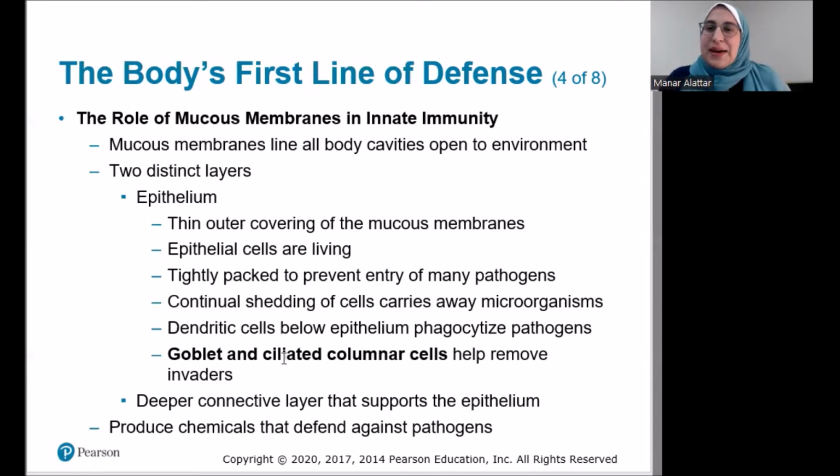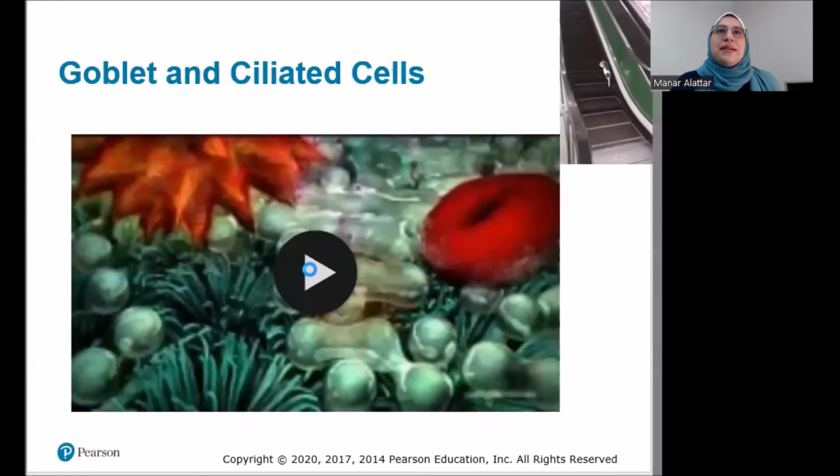That's their main source of nutrients, and they're part of the natural biome, and they're actually cultivated within mucus. And here we have these goblet cells that produce the mucus, and we also have ciliated columnar cells, specifically in the respiratory tract and the nasal cavity, that move that mucus out of the body, just like an escalator. So you can see that action here.